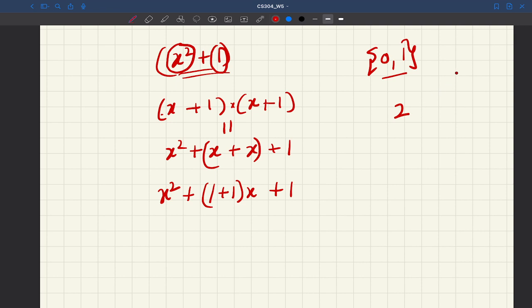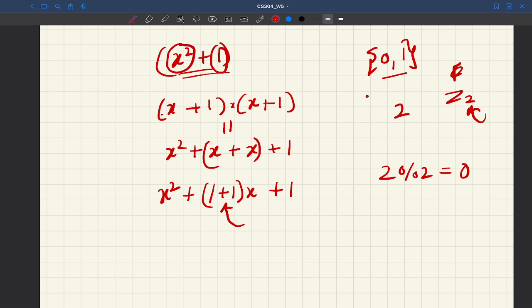Our defined set is Z2, so it is defined over 2. Whatever you get after the operation, we have to take its modulo with 2. So 1 plus 1 is 2, and if I take its modulo with 2, I'll get 0. So this is not a normal addition. This is addition under modulo 2, right?